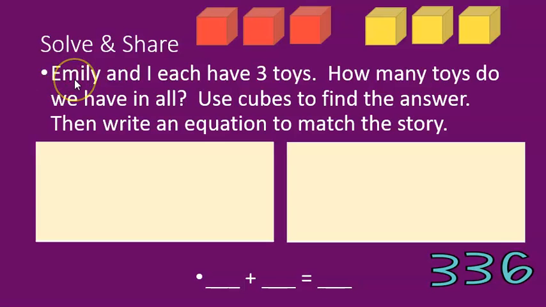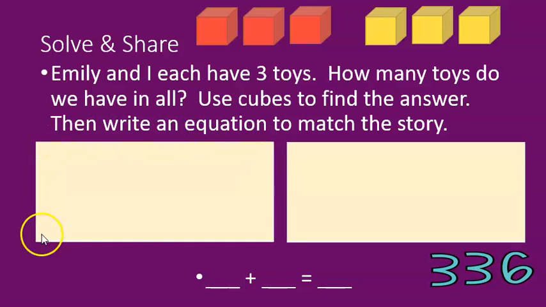Let's reread from here. Emily and I each have 3 toys. Now, boys and girls, how many people are in this sentence here? 2 people, because it says Emily and I, okay?